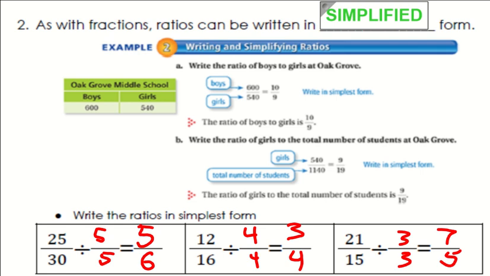This has to stay improper. We cannot make these mixed numbers because it's not really a fraction. It's comparing two numbers, okay? It's just writing it like a fraction sometimes. So ratios, we gotta keep them improper. Any other questions on that?